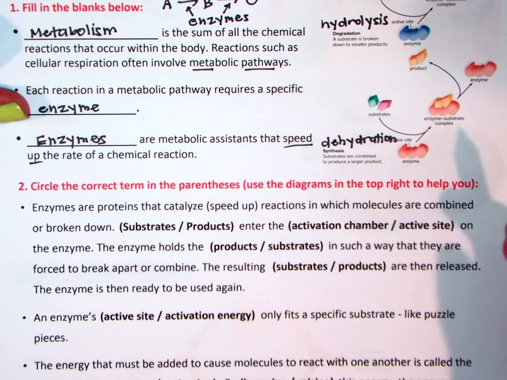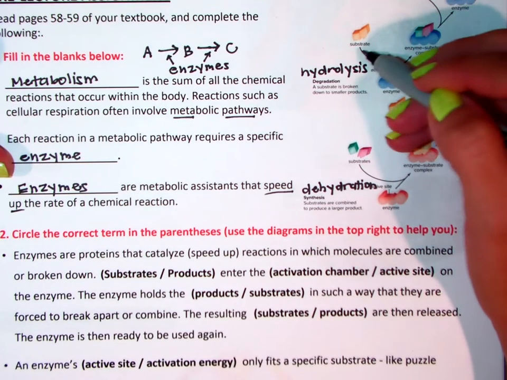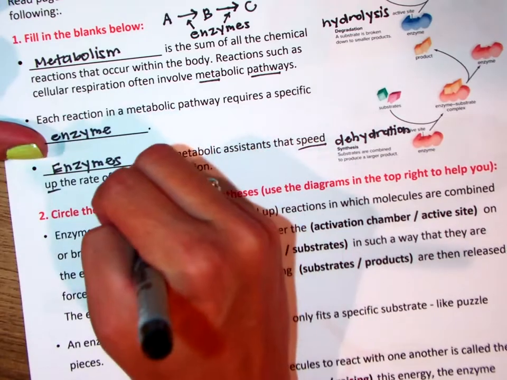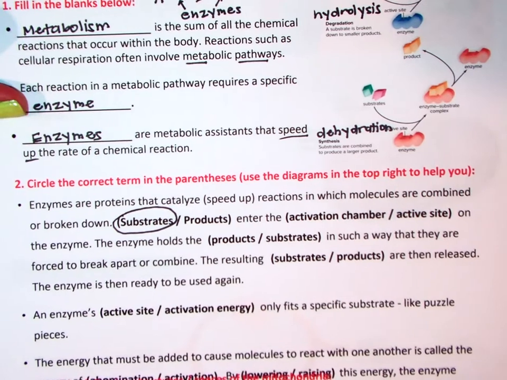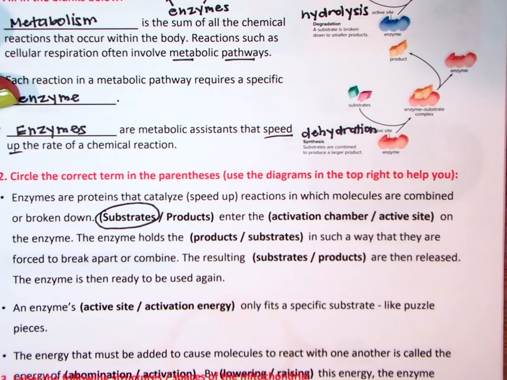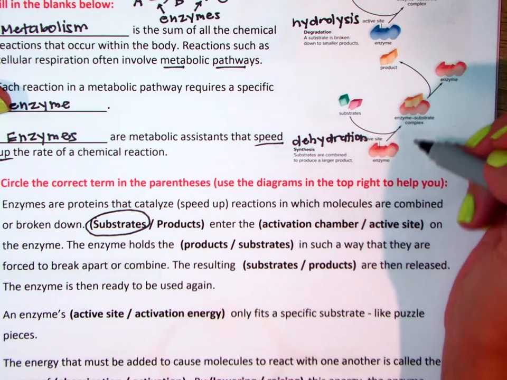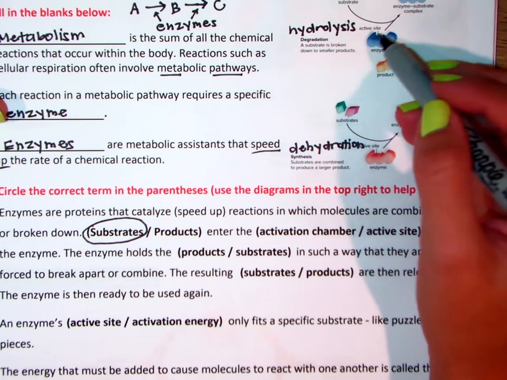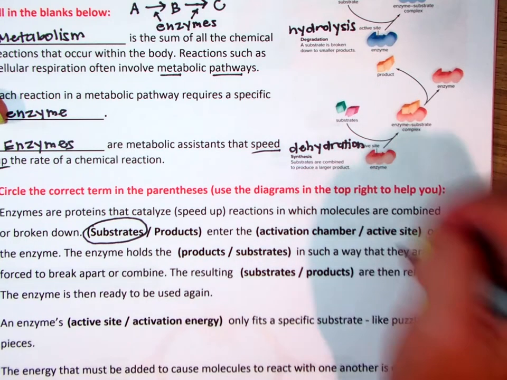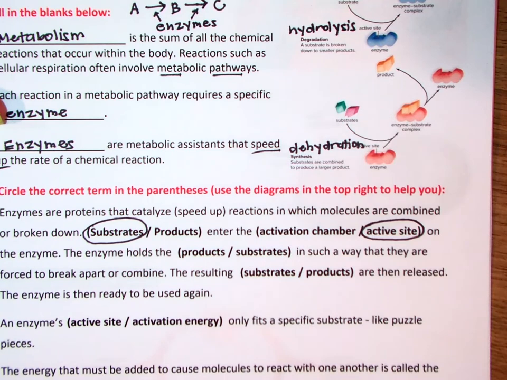So the things that enter, if we look back at this picture, are the substrates. They enter, looking back at the picture, this is called the active site where they bind. I mean, activation chamber, that's a cool word, but it's active site.